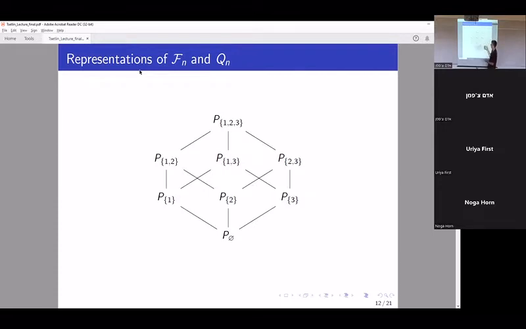We have these spaces for n equals 3, and each line here corresponds to two operations, one which takes us down and one which takes us up. Going down in two ways just commutes. If we take out 2 and then return 3, then it will be the same as returning 3 and then taking out 2. But going up doesn't necessarily commute.